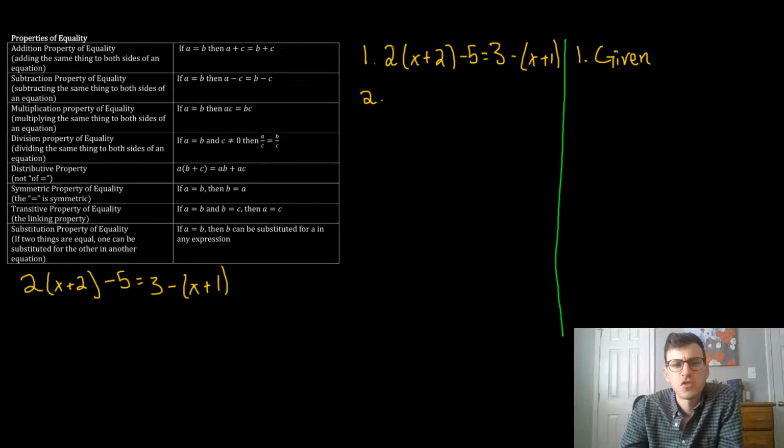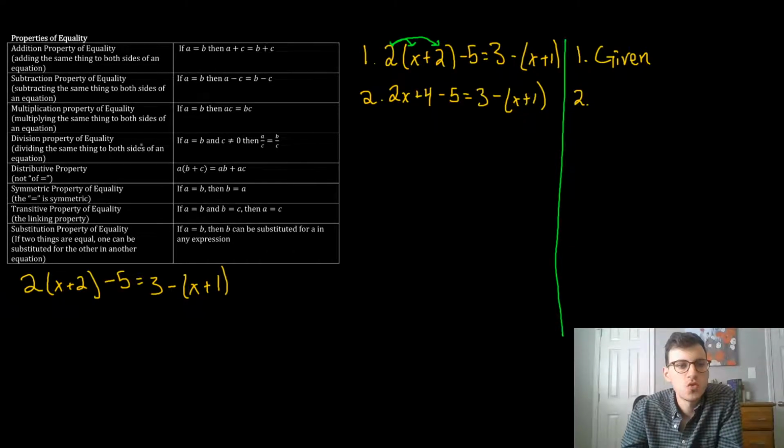I'm going to use the distributive property right here to distribute 2 to x and distribute 2 to 2. 2 times x is 2x plus 4 minus 5 equals 3 minus (x plus 1). Okay, and so we need to justify that, right?